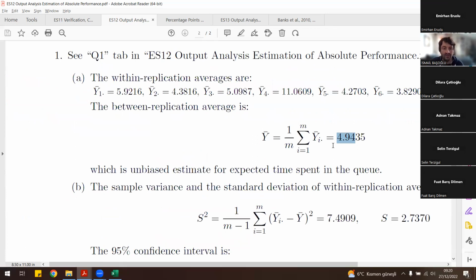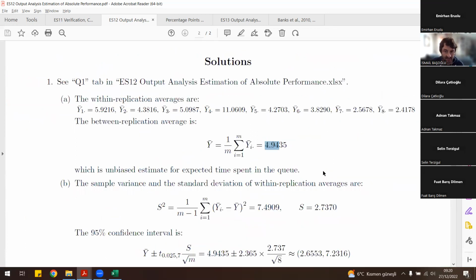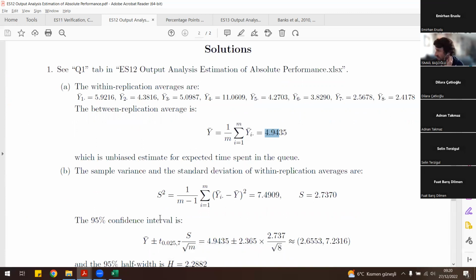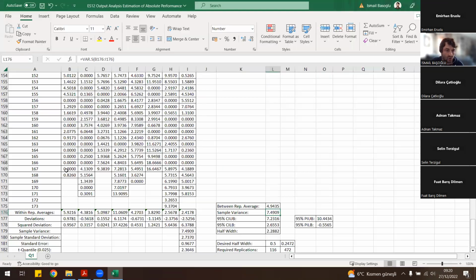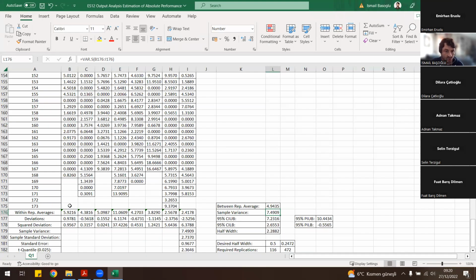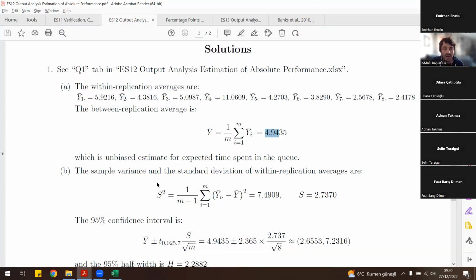We assume that this is an unbiased estimate for the expected time spent in the queue, because after all, this is a terminating simulation. Therefore, the initial conditions must definitely be provided to the simulation model. We have the bias problem in steady state simulations. However, this simulation is only 7 hours long, and there is a certain initial and terminal condition for the system that we need to provide the model with.